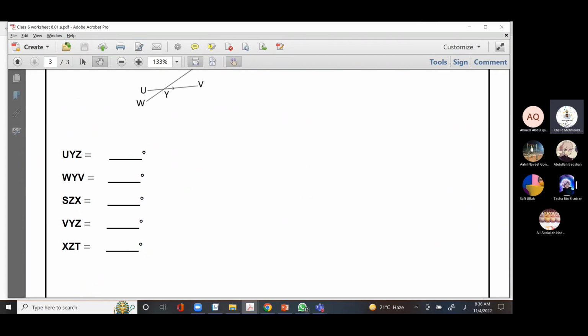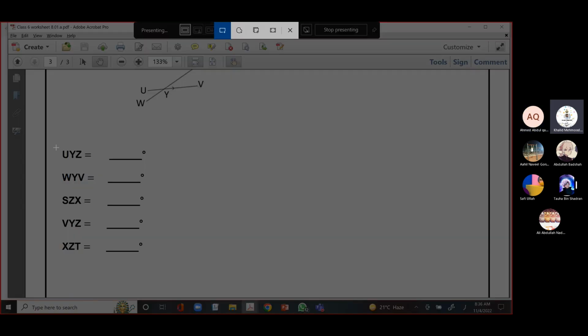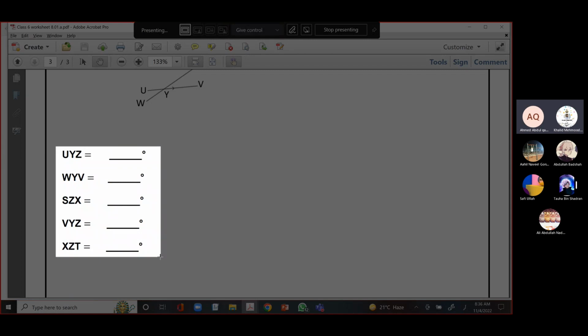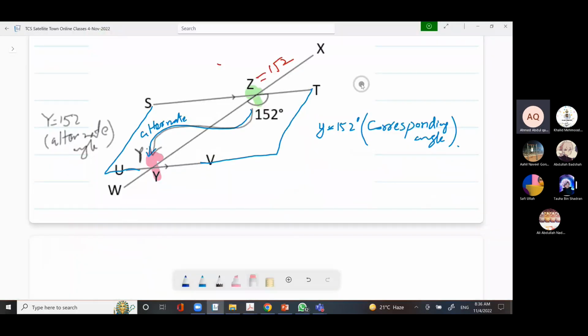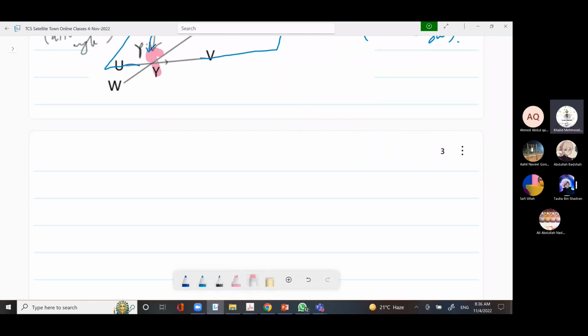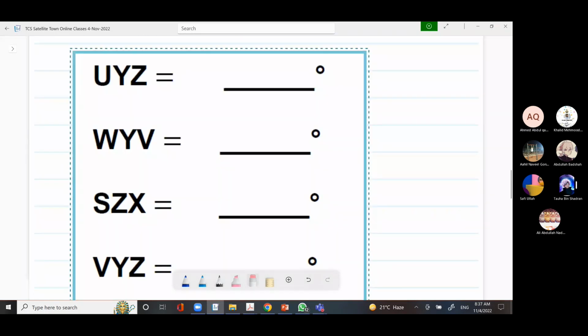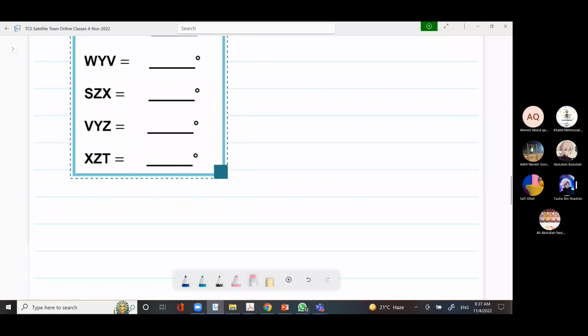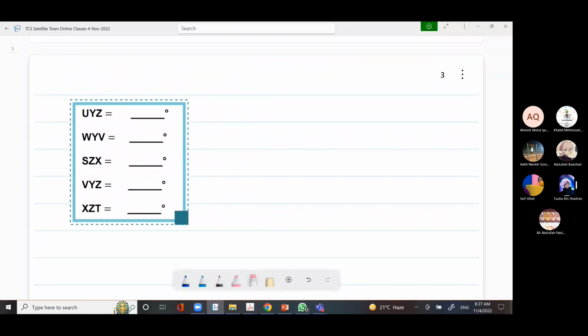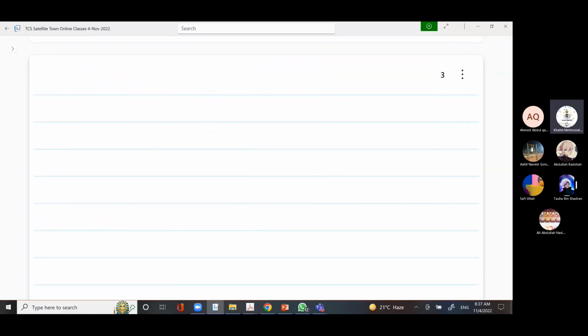Let me copy this question and I'll tell you what it means, because now we need to learn about this one as well. I'm going to paste it. Okay, this is here.